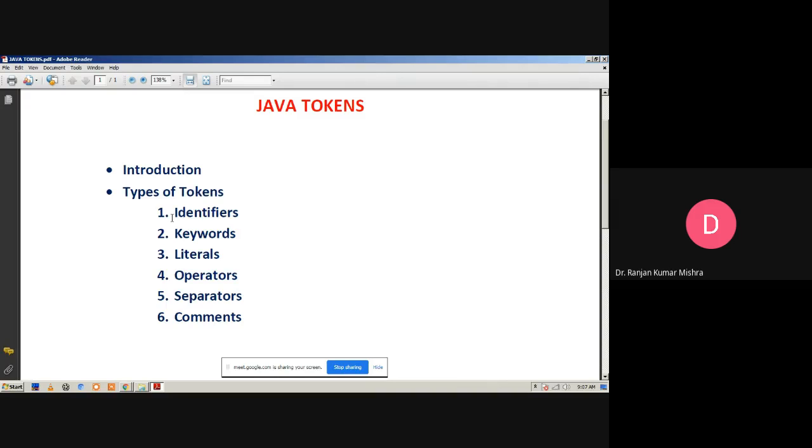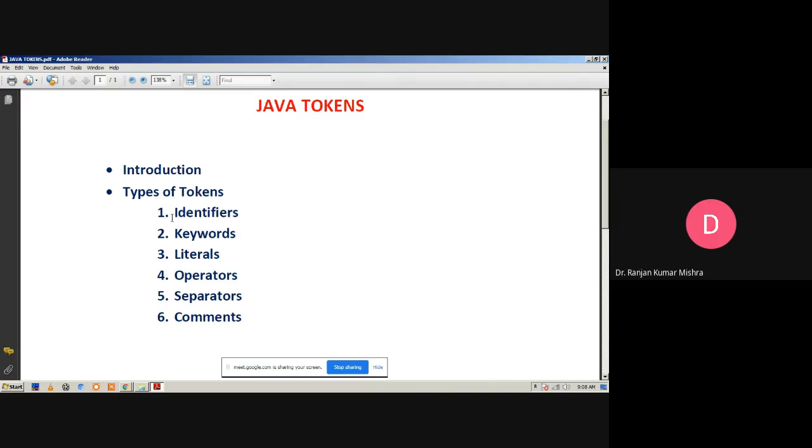When we talk about C, there are 32 keywords, in C++ there are 48 keywords, and in Java there are 50 keywords available. Keywords are also known as reserved words, and each performs some specific task.